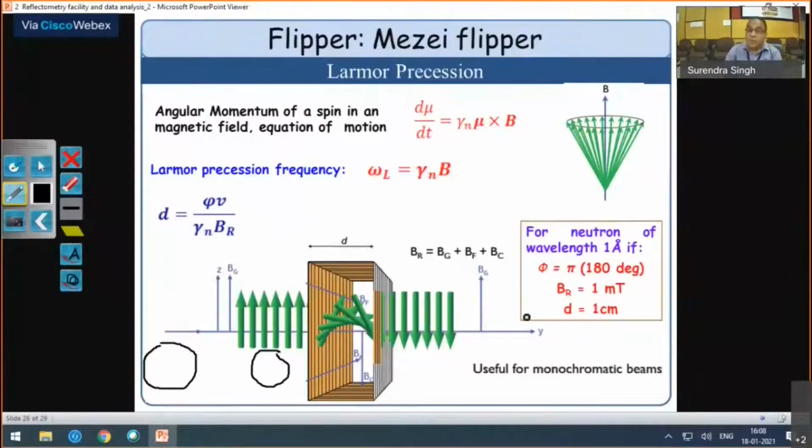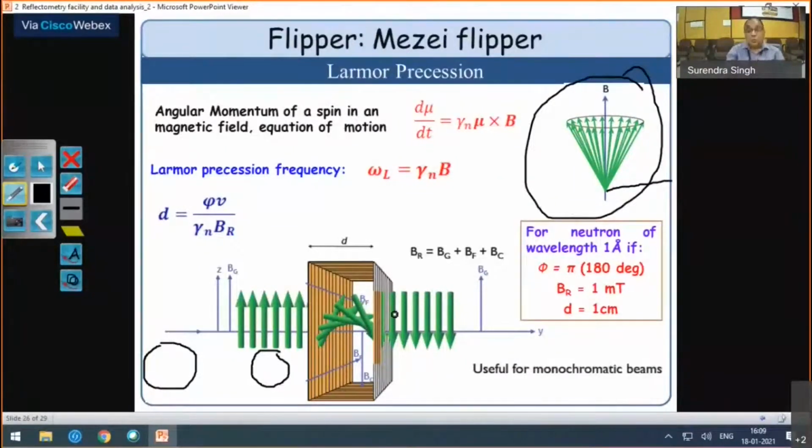If you apply a uniform magnetic field, you have to apply the magnetic field perpendicular to the neutron spin, because only then will it precess by pi degree. Otherwise it will make a cone like this. If it is at some angle, it won't give you that. It will precess around that, but it should be at 90 degree. B should be at 90 degree to the spin.